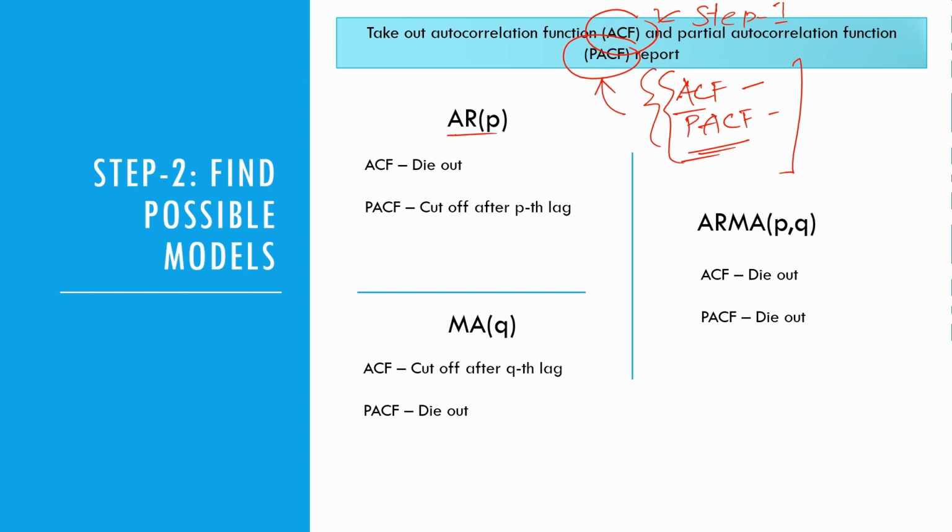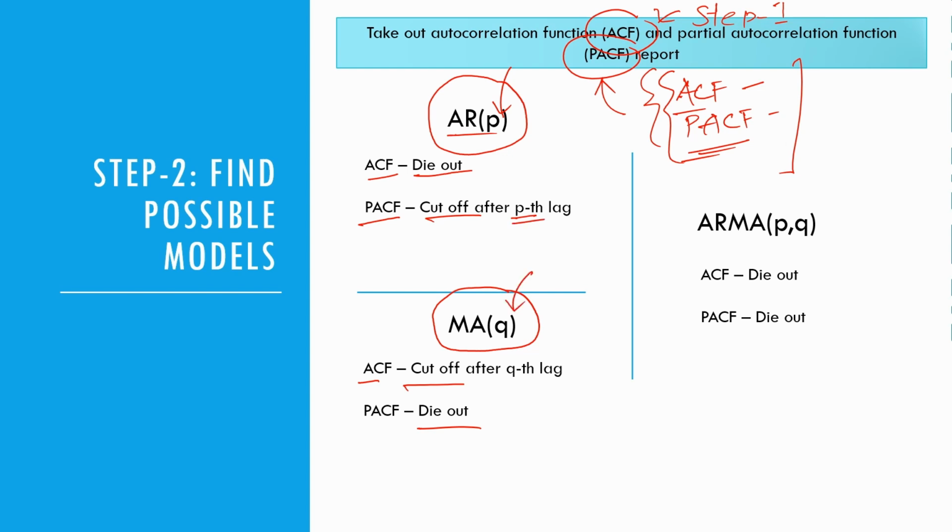Then you check. Suppose you get the dying out behavior in ACF and cutoff behavior in PACF, then it is an AR model. A cutoff in ACF and dying out behavior in PACF means it is an MA model. If it is AR(p), then the cutoff will be at the pth lag.